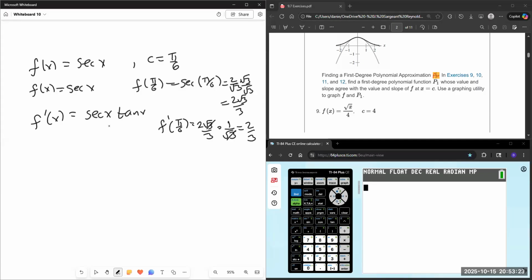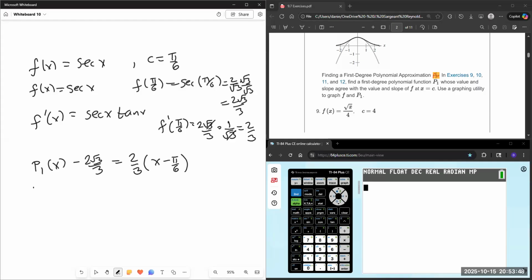So this is going to be P1 of x minus the y value 2 root 3 over 3 is equal to 2/3 for my slope, times x minus pi over 6.